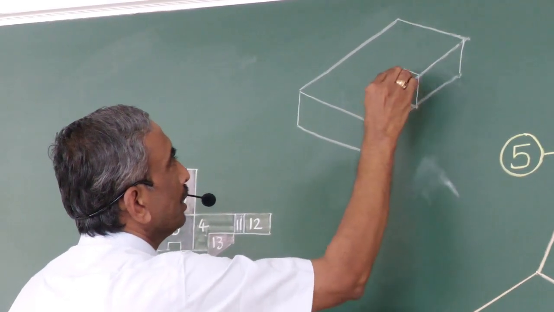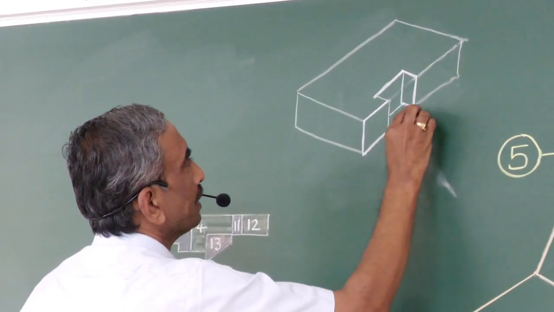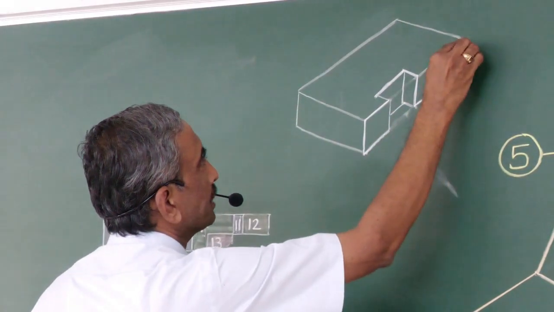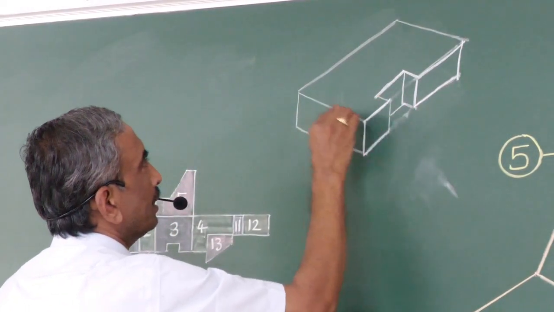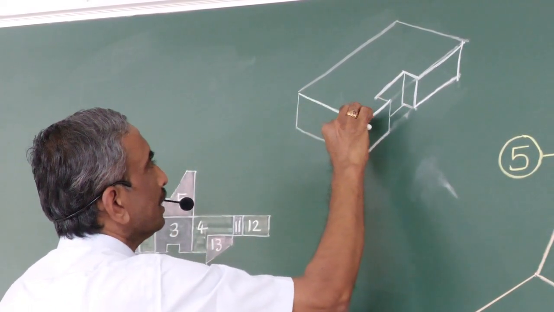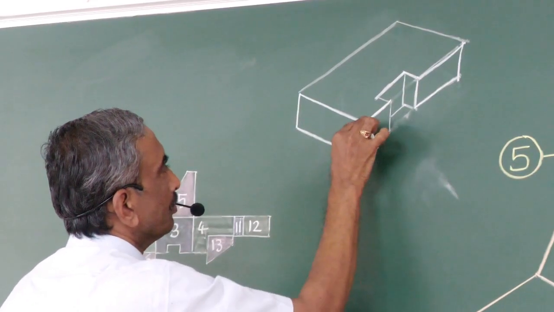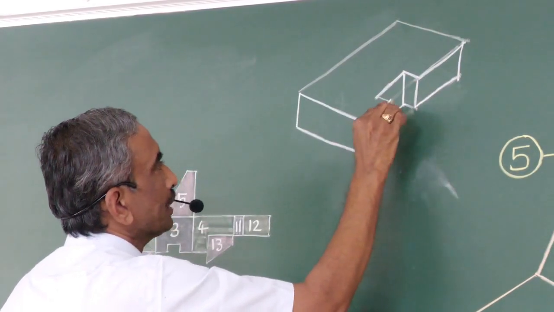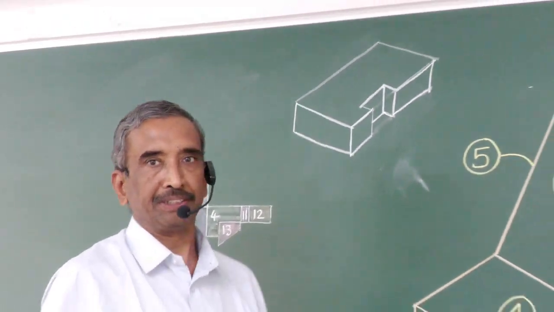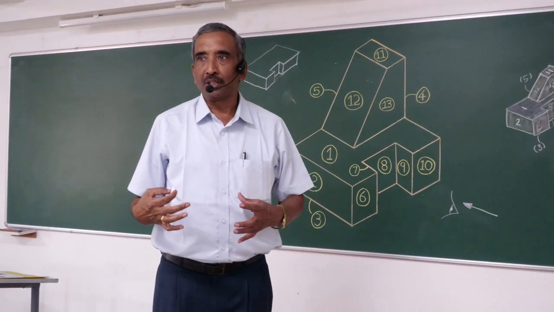So this is the model which forms the bottom part of our object. So you can also draw using pencil as I am drawing the object. I hope you can visualize the various faces of the object. So this is the bottom part of my object.